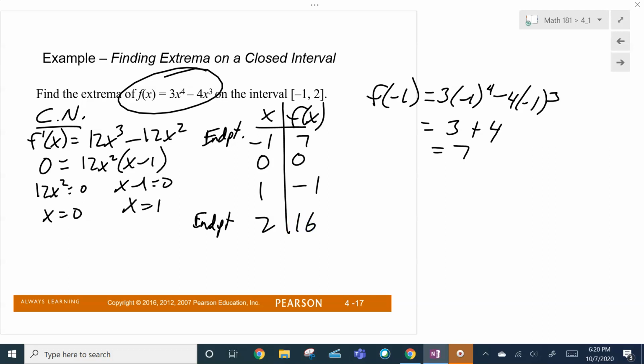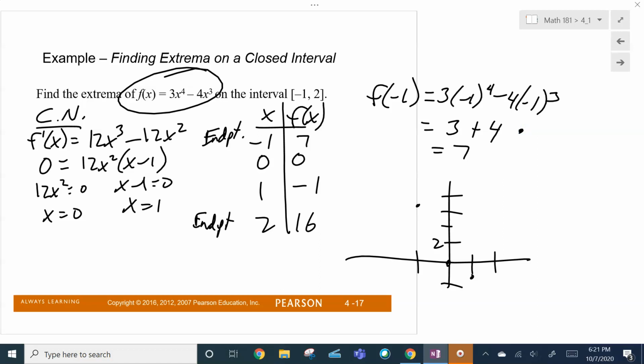Okay, so we've got this fourth power where we're at 7, 0, -1, and 2 up here, clear up here at 16.